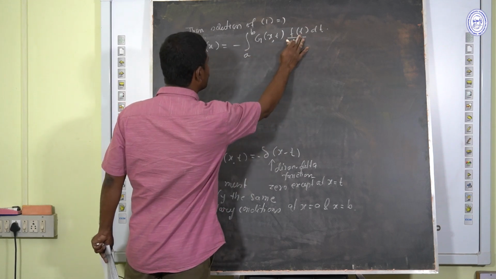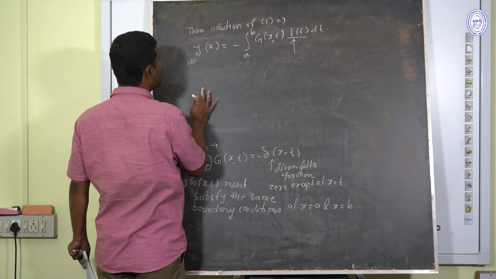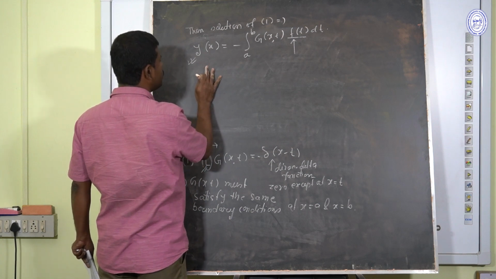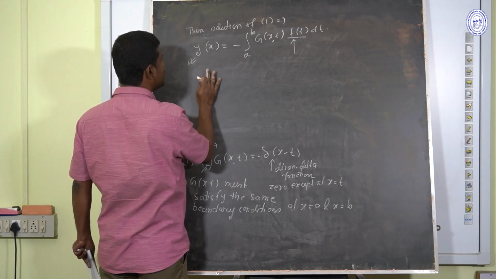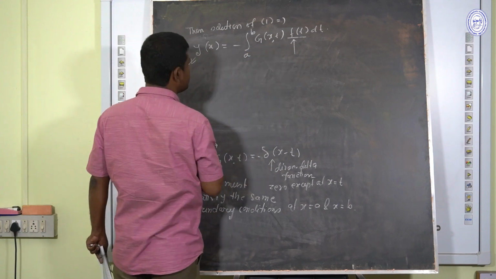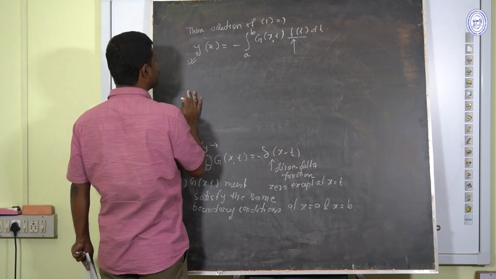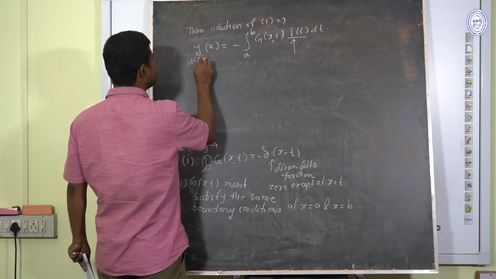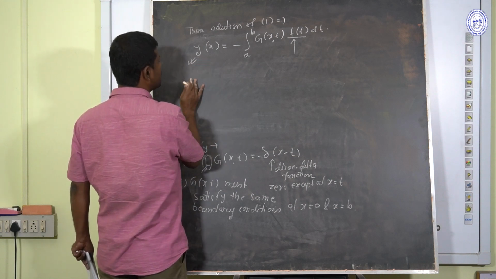As f of t is known, to find the solution, basically we need to find the Green's function G of x comma t.